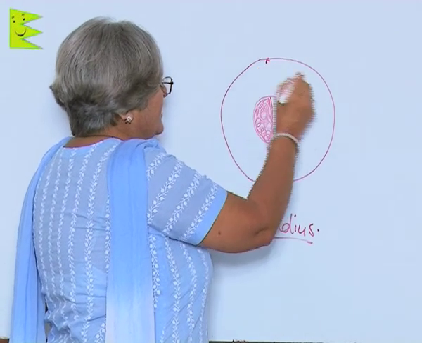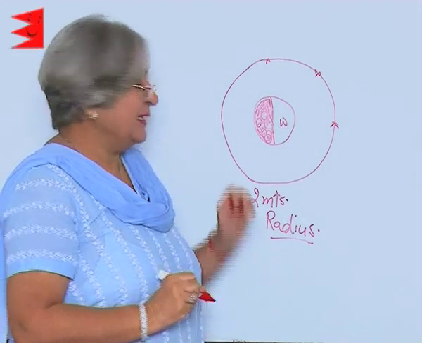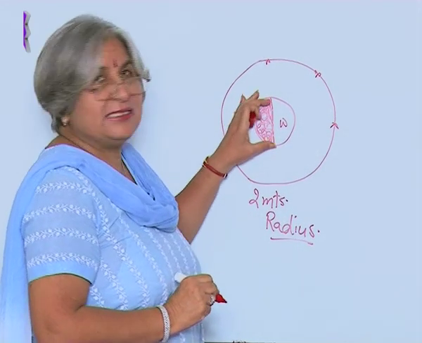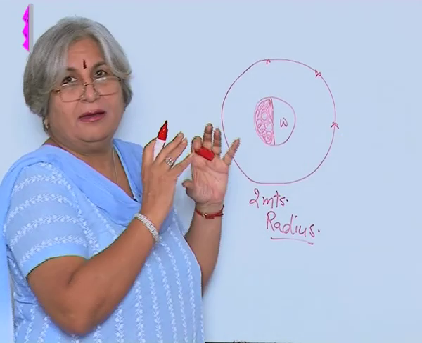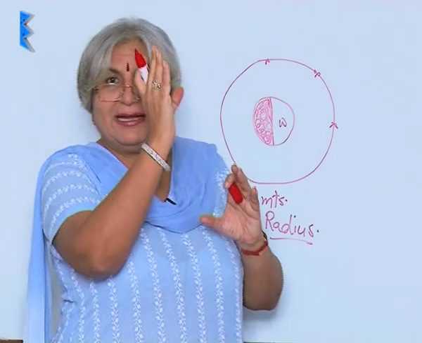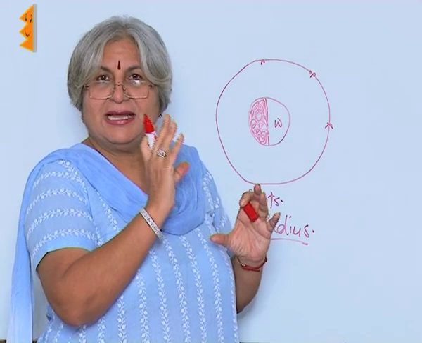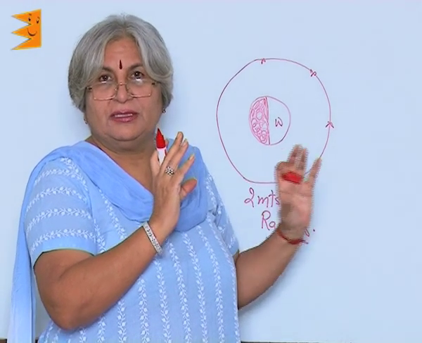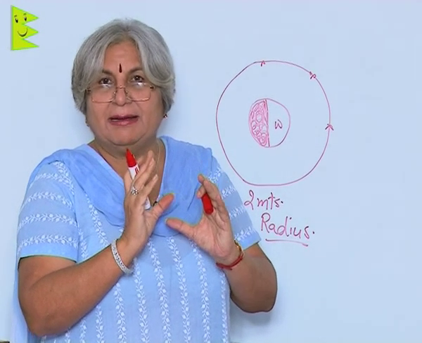Make 8 points on it, and then one child will stand in the center and one child will stand with the ball, and you have to take care that the dividing line is always absolutely vertical. Now as the child having the ball will move, the child who is in the center, she is representing the earth.